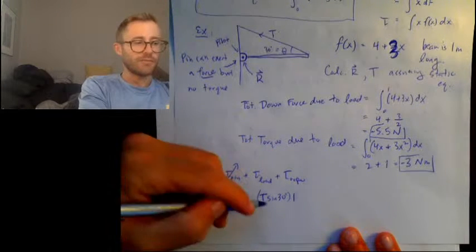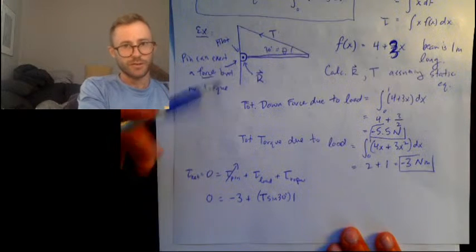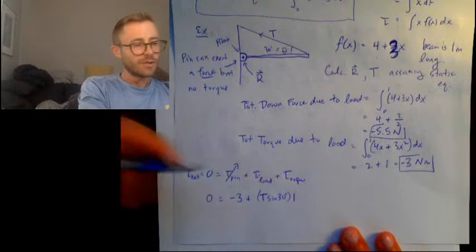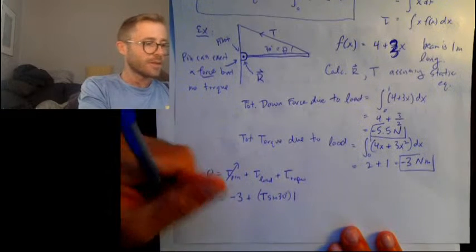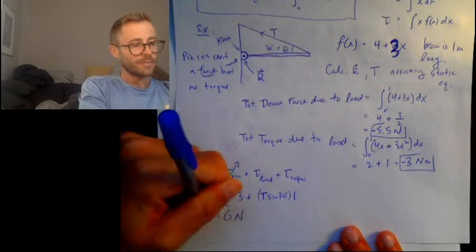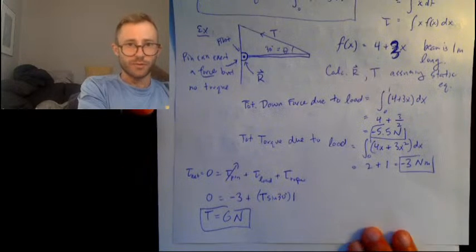So that's F perp times r for the rope, and it's pulling in the counterclockwise sense, so that's a positive torque. Sine of 30 is 1/2, so we get that the tension is 6 newtons in the rope.